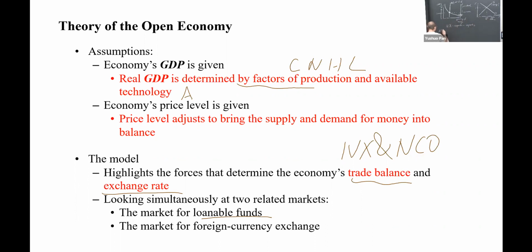Net capital outflow, which is important in this chapter, is equal to purchases of foreign assets by domestic residents minus purchases of domestic assets by foreigners.